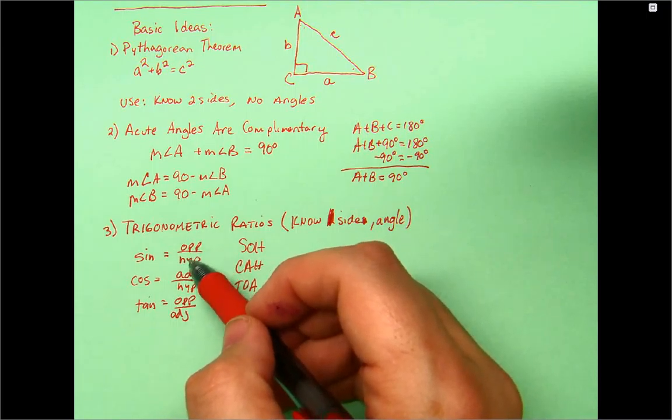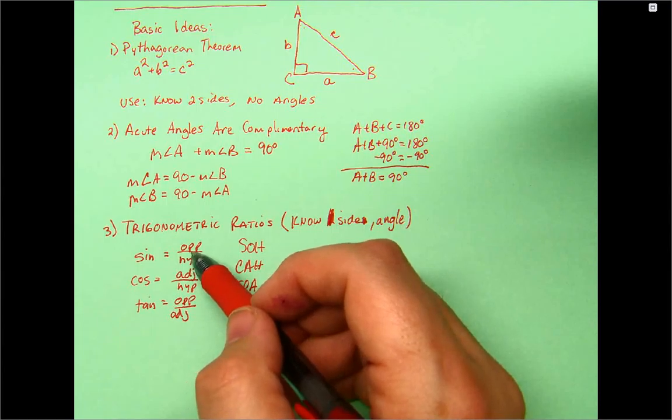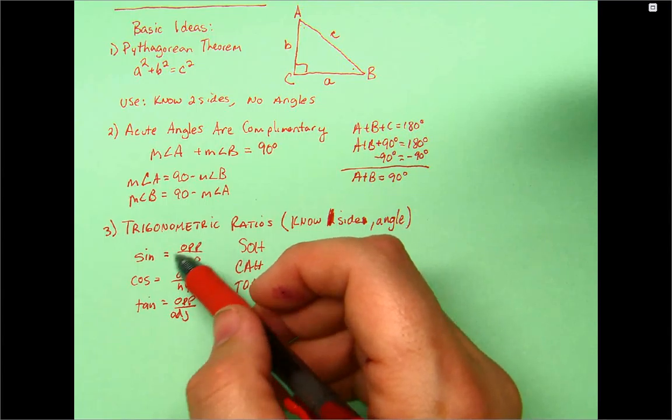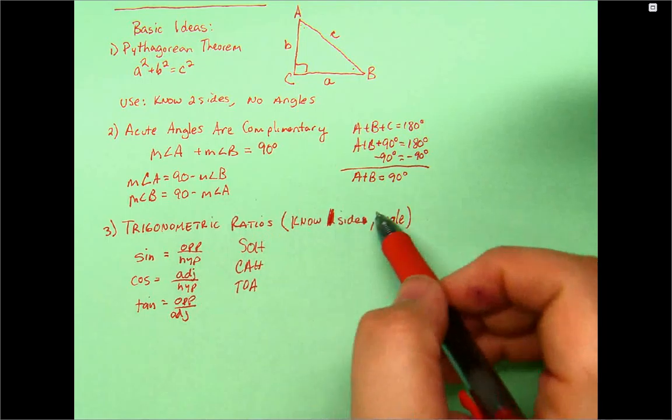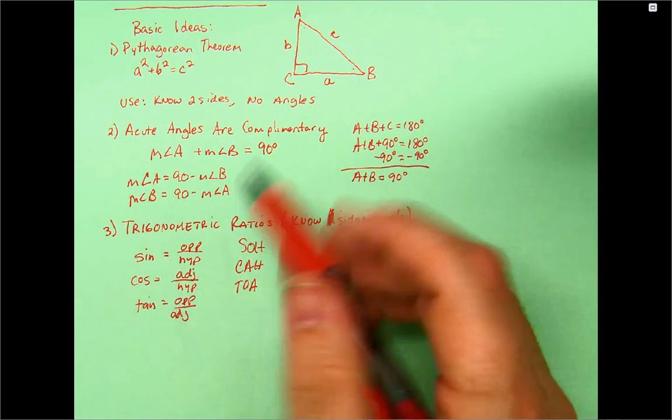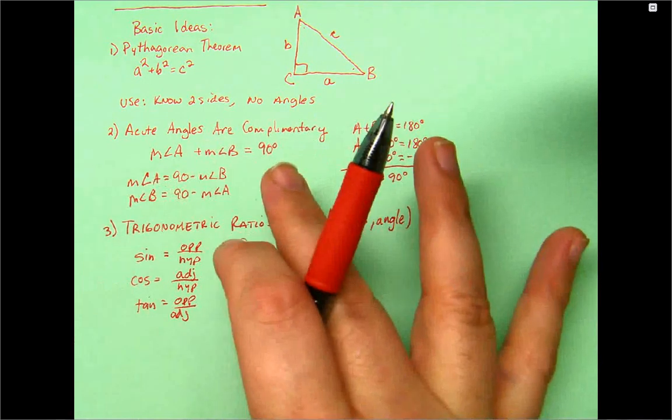So you can actually figure out a second side if you know one side and one angle. So if you know one side, one angle, you're going to use a trig ratio to figure out what's going on.